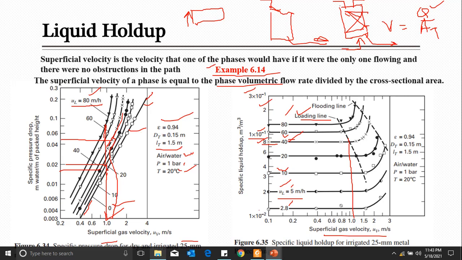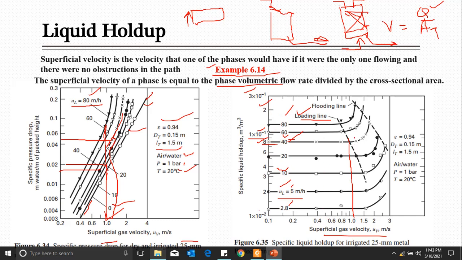So from all this discussion, what you can conclude is that the liquid hold up inside the column, or the liquid traveling on the surface of the packing, is not affected by the vapor flow rate up to some limit.